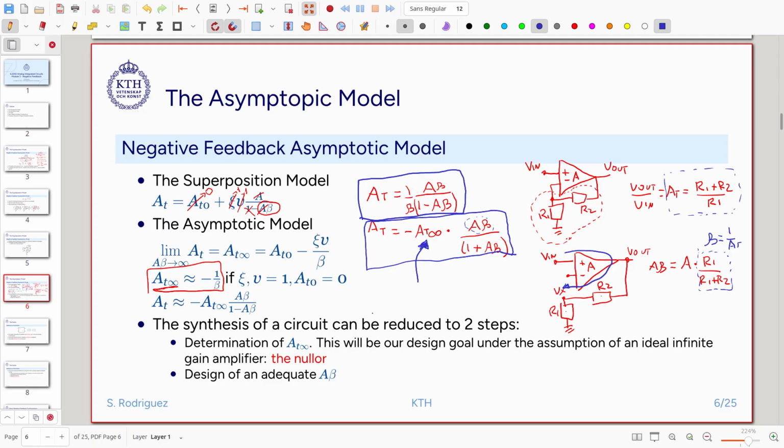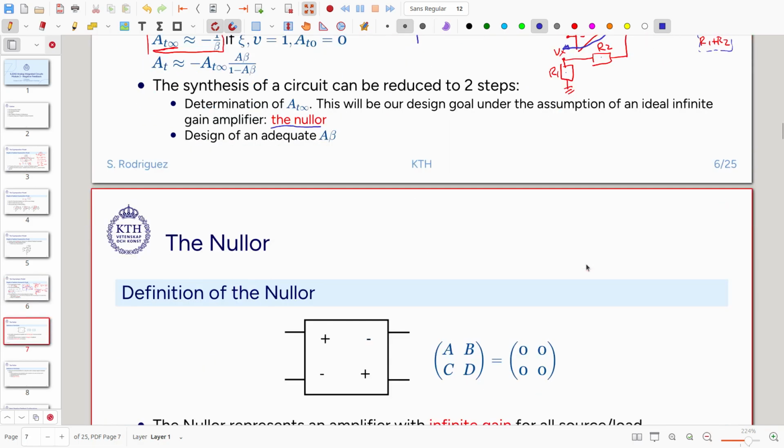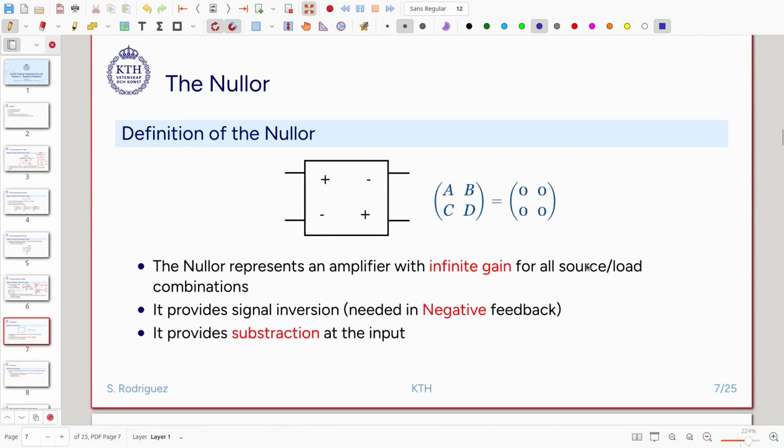The ideal amplifier has a name. I will call it the nullor. So we need to introduce formally the nullor. The nullor is a two-port network, and we have already talked a little bit about the two-port network. We have here its input voltage, we have here the input current, we have the output voltage, and we have defined the output current like this.